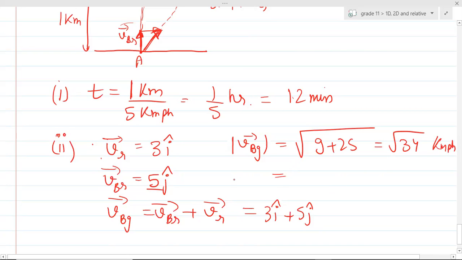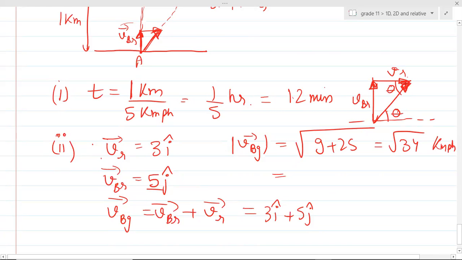And what is the direction? How will you give the direction? Always remember, if someone asks you direction, try to give it with respect to river flow. So this was the direction of river flow. If I take this angle as theta, this angle is also theta, right?